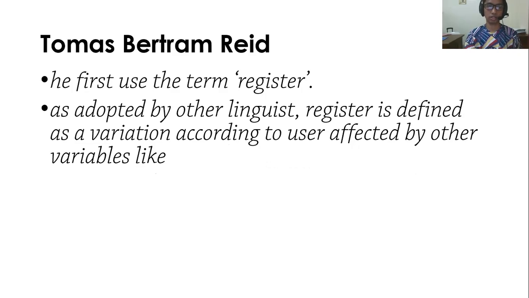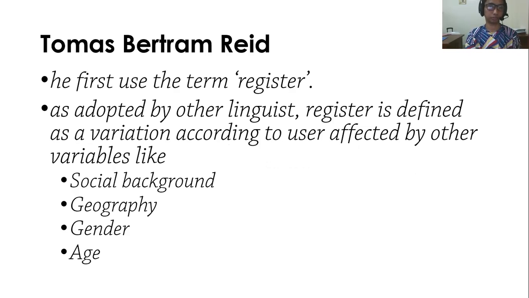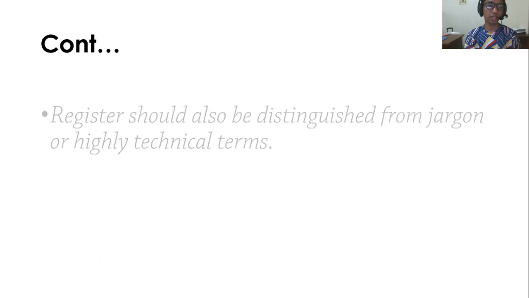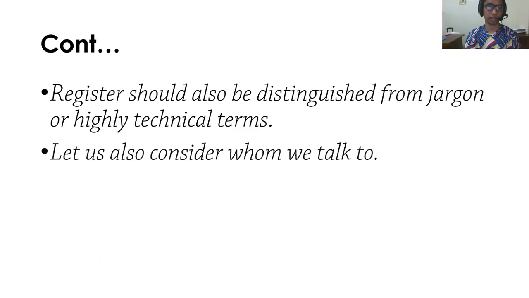When I say variation, there are many scopes according to user, affected by other variables like social background, geography, gender, age, and etc. So our register is being affected by variables like social background, geography, gender, and age. Register should also be distinguished from jargon or highly technical terms. Let us also consider whom we talk to.